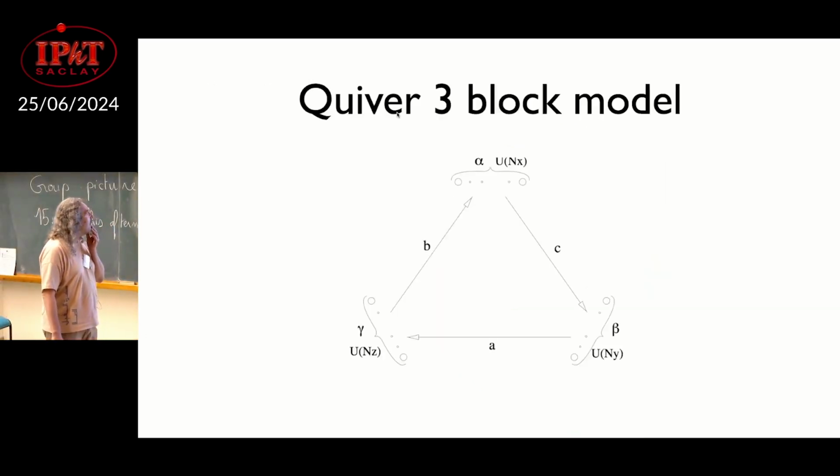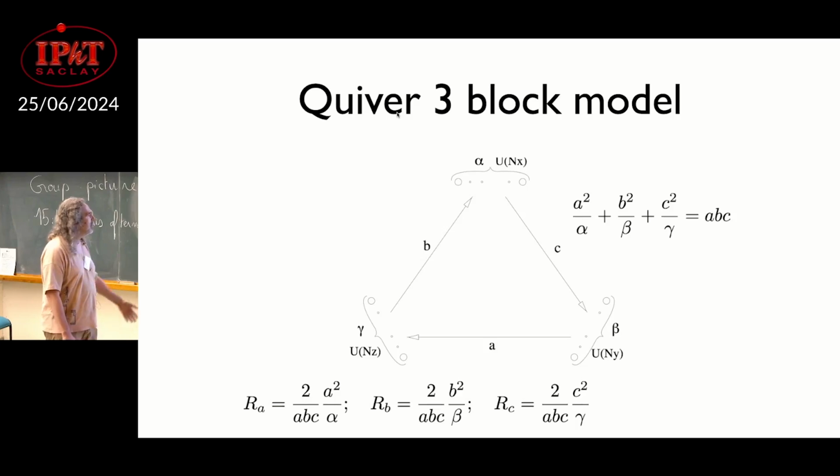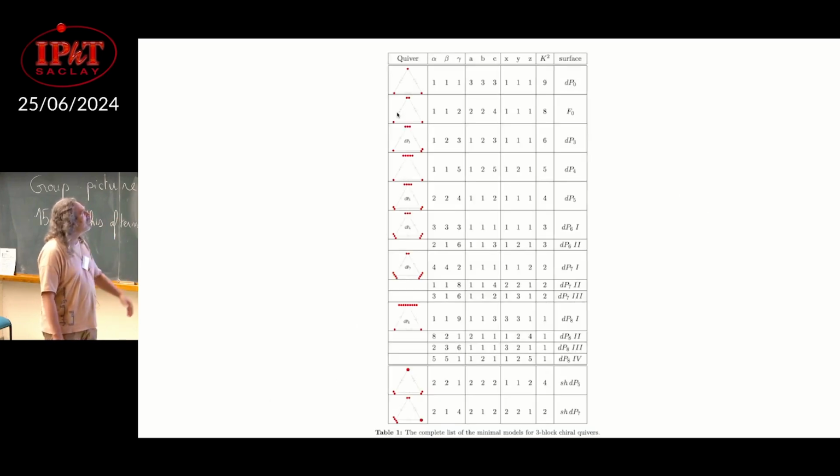Okay, so there are some generalizations of that, where you take the number of nodes to be some integer multiples alpha, beta, and gamma, and the number of edges to be A, B, and C. You get a generalized Markov equation, which looks like this, and then there are some solutions. Let's not go into the details, but you get a whole pattern of such cases.